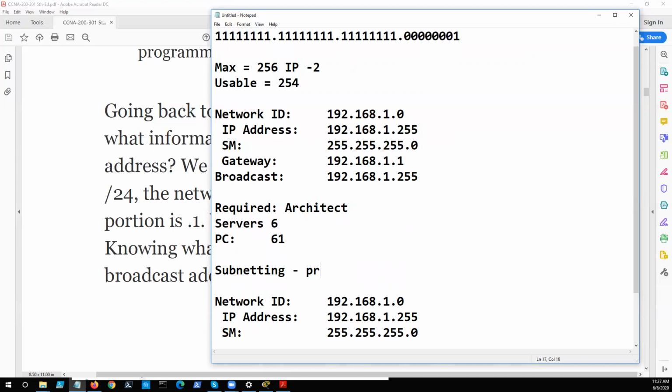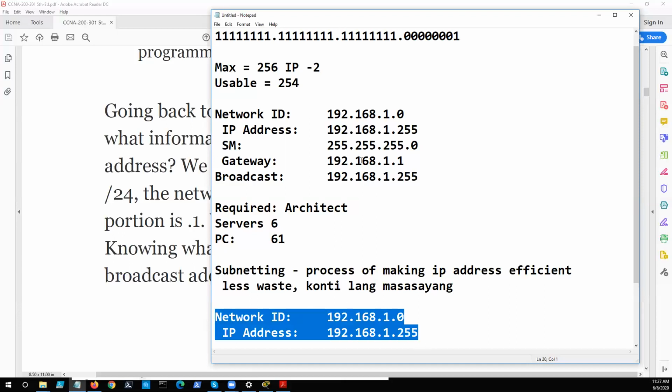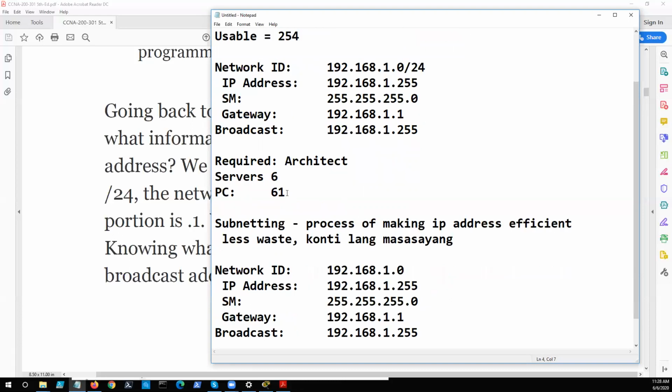Subnetting is a process of making IP addresses efficient. When we say efficient, it means less waste. Only a little is deducted, only a little is wasted. Because if you use the whole /24, you're going to have a problem. So what is the slash? /24. How many IP addresses in a /24? 256. Now, this is in our subnet. I want only 6 servers and 61 PCs.